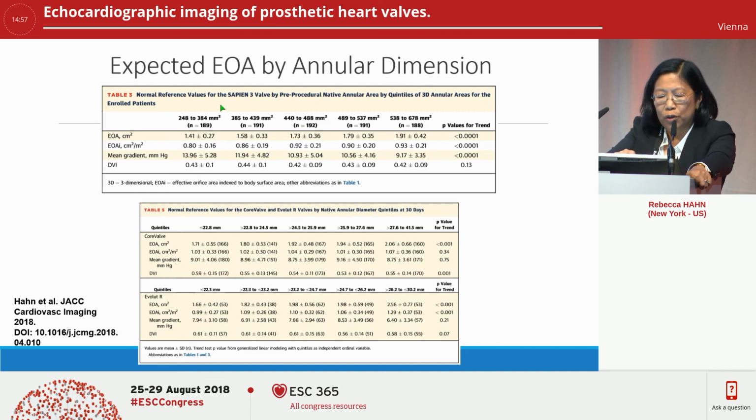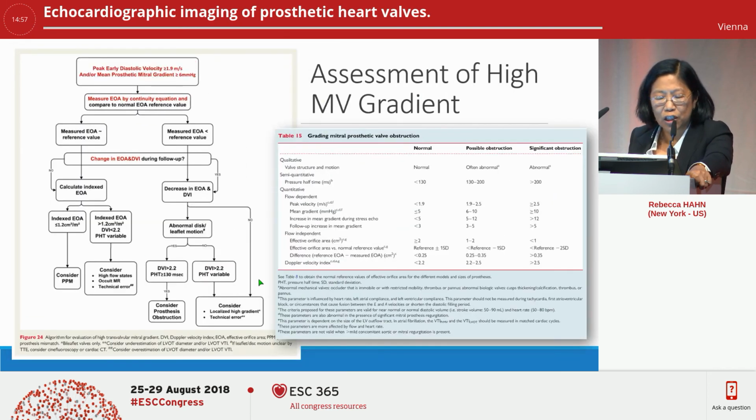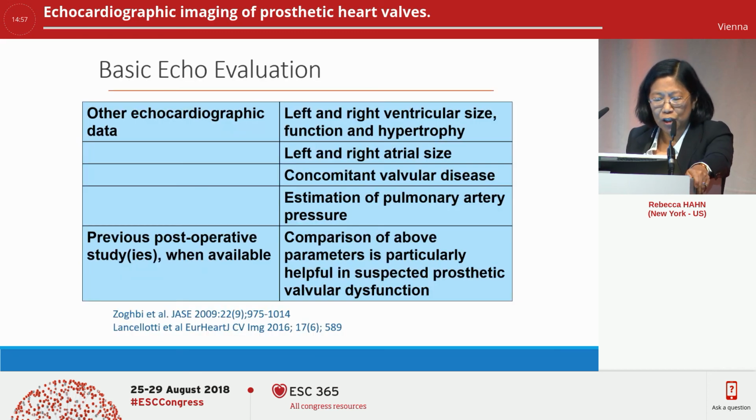So we've given you expected valve areas for whatever the annular type of measurement. So area for the Sapien valve and the perimeter derived mean diameter for the CoreValve, and allowed you then to estimate what the valve areas would be for each of your patients, allowing you then to determine whether or not you'll have prosthesis patient mismatch and avoid that.